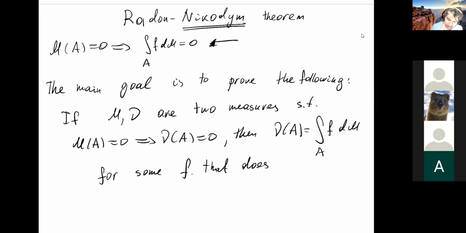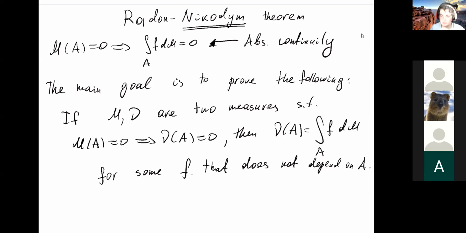This was called absolute continuity, I think. Well, absolute continuity was a little bit different, but along the way, we'll prove that this relation is enough for absolute continuity. So this absolute continuity is satisfied only for integrals.